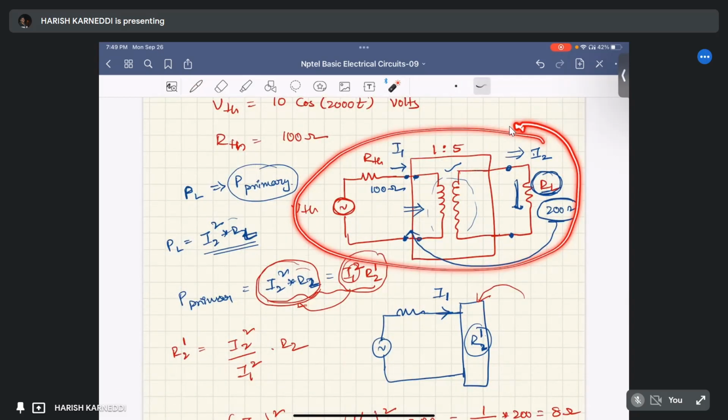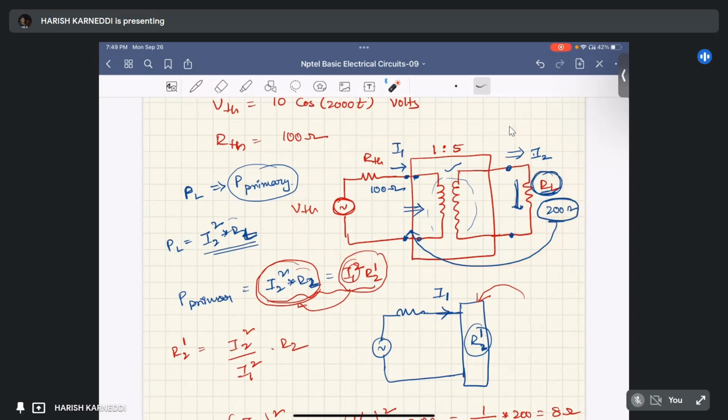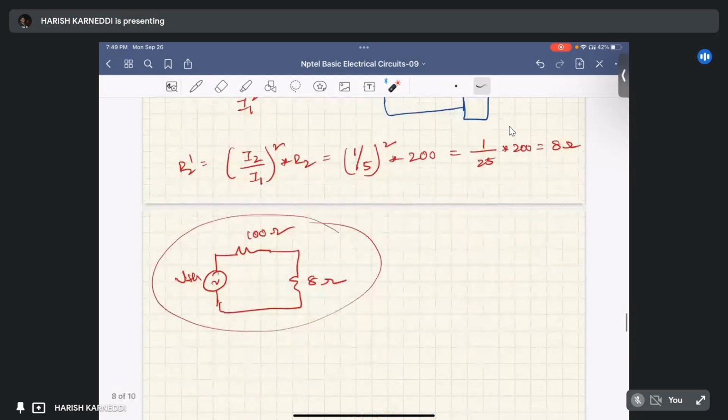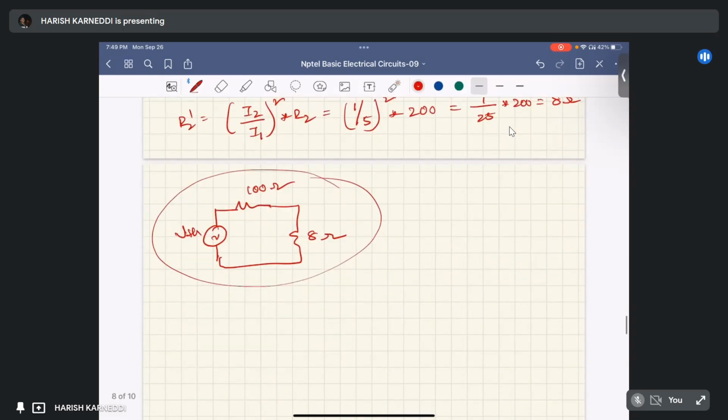The amount of power dissipated by this 200 ohm is the same amount of power dissipated by this 8 ohm system. So we can find the current through this and the power. It is simply connected. It is VTH by this 100 ohm plus 8 ohm, right?